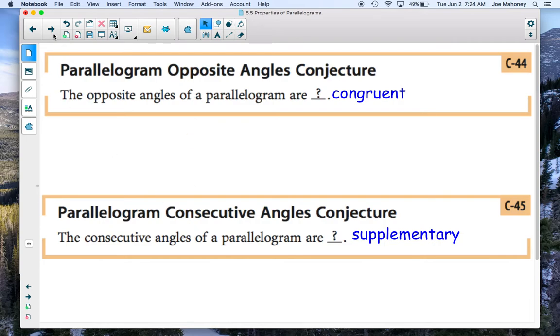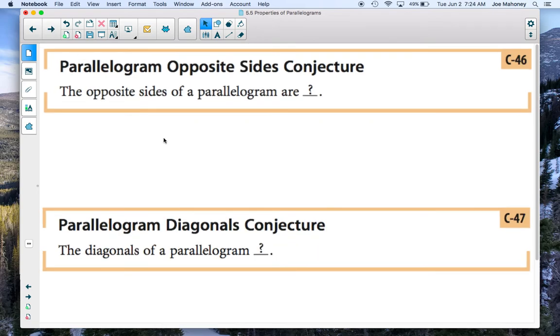So now we'll talk about some of the sides and diagonals. We saw that the opposite sides of the parallelogram are parallel. But a little distinction here: the definition of a parallelogram says that the opposite sides are parallel. The parallelogram opposite sides conjecture says the opposite sides are congruent. Because I've stated it's a parallelogram already, I know that they're parallel.